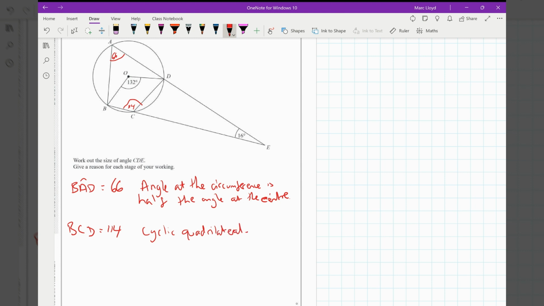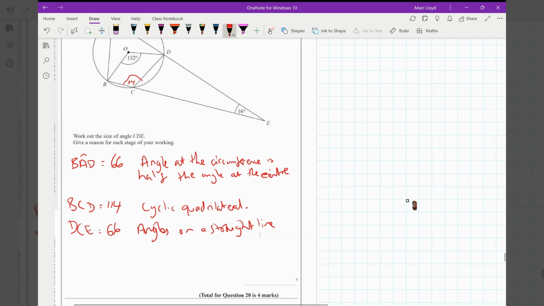Okay, we're looking for CDE, so I can work out DCE, which is 66, because angles on a straight line sum to 180.